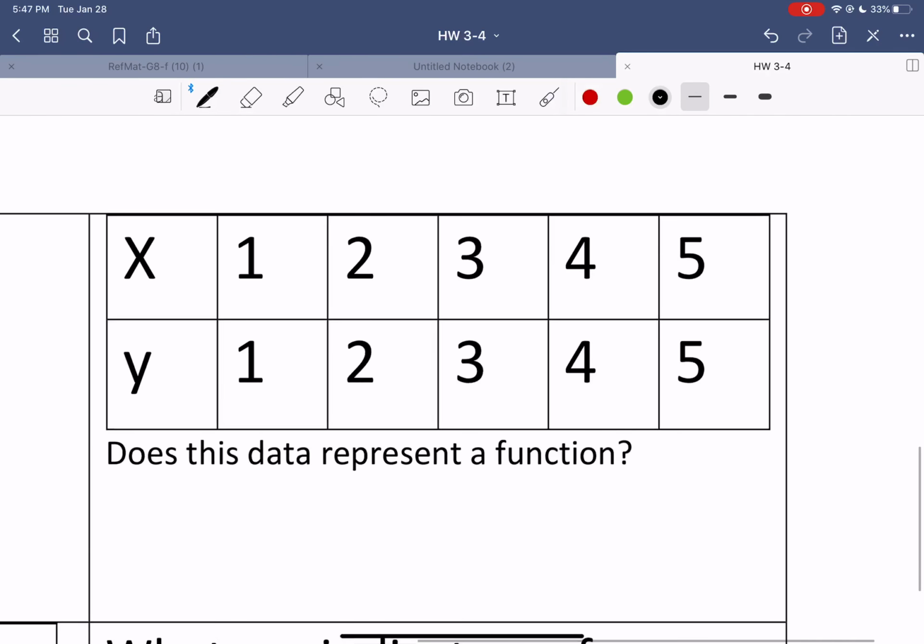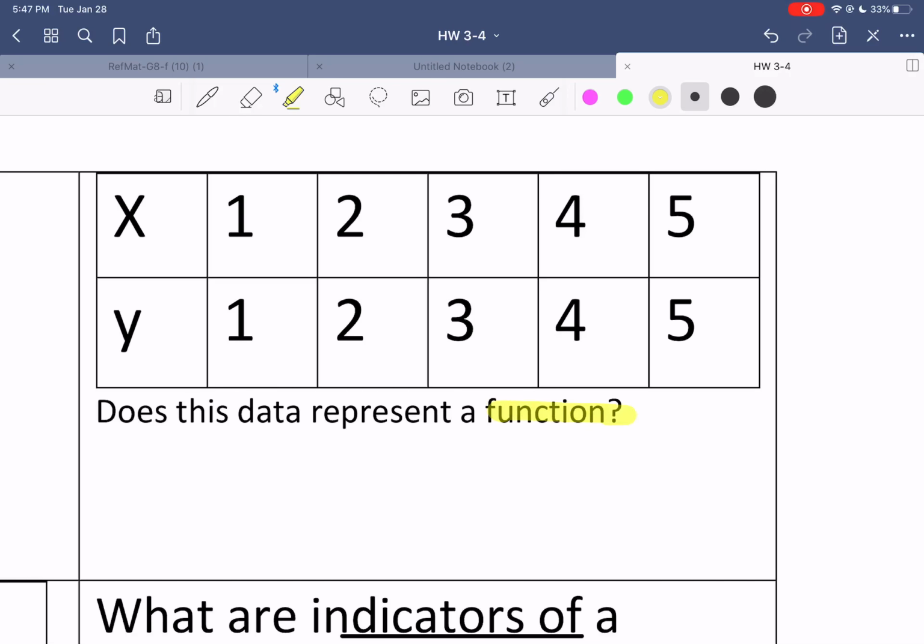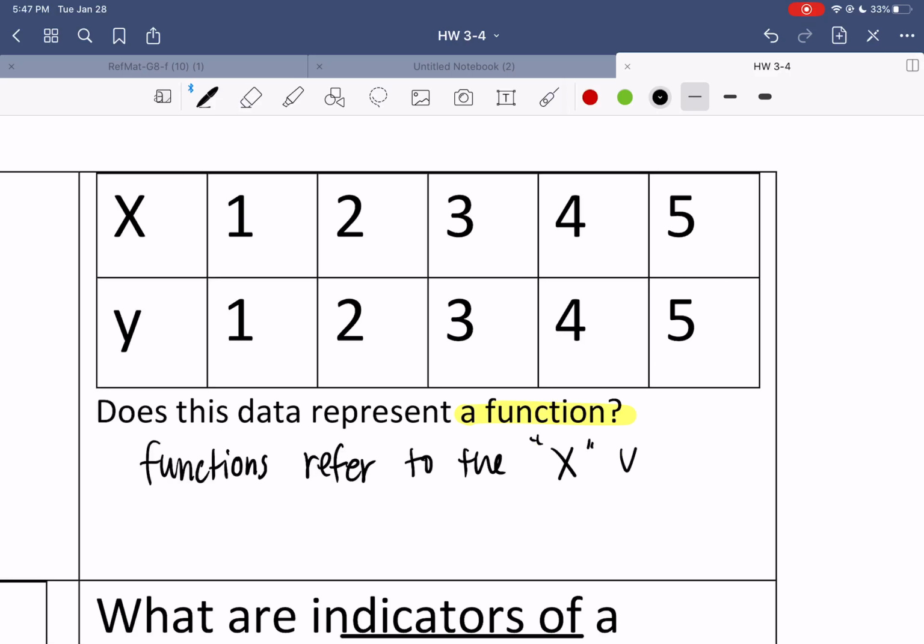All right. Does this data represent a function? So I just wanted to review. Functions refer to the x values. So, meaning, if you were to plot these points, they would pass the vertical line test.